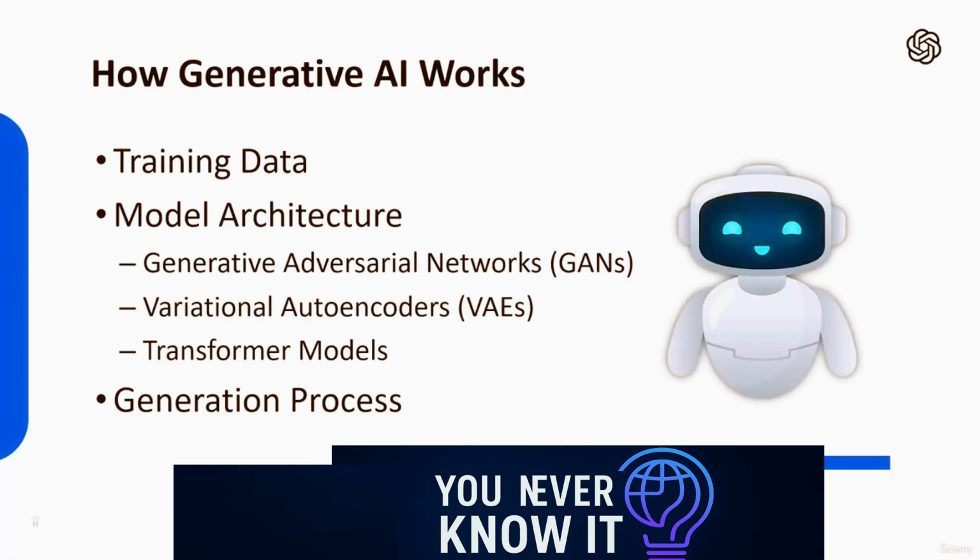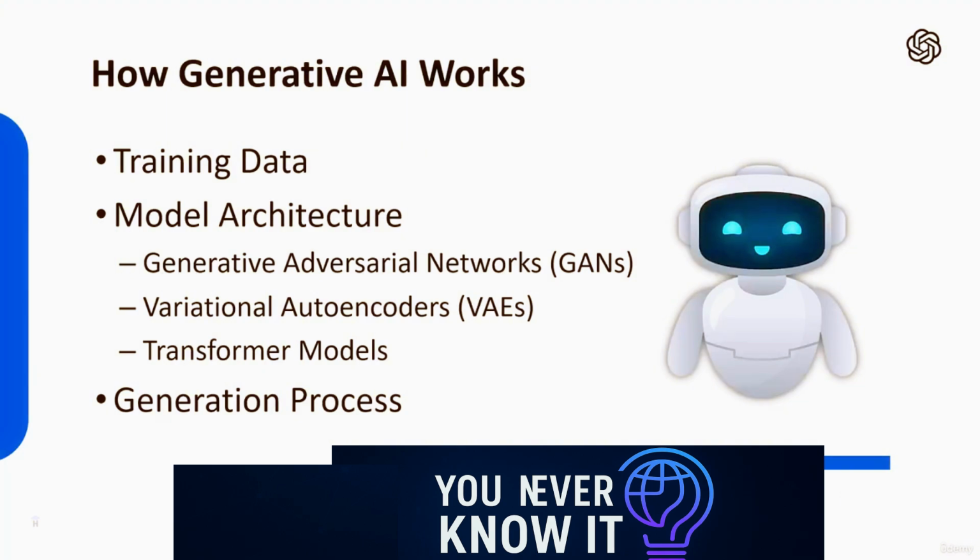Model architecture. The model architecture works mainly with these three: generative adversarial networks, GANs, variational autoencoders, VAEs, and transformer models. Let us see them one by one.